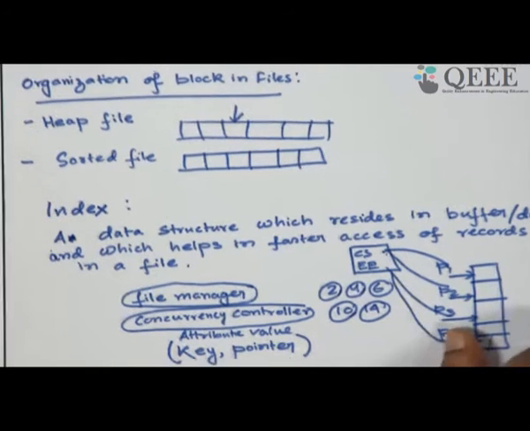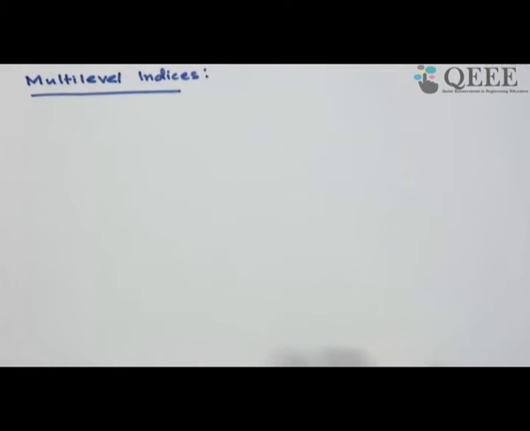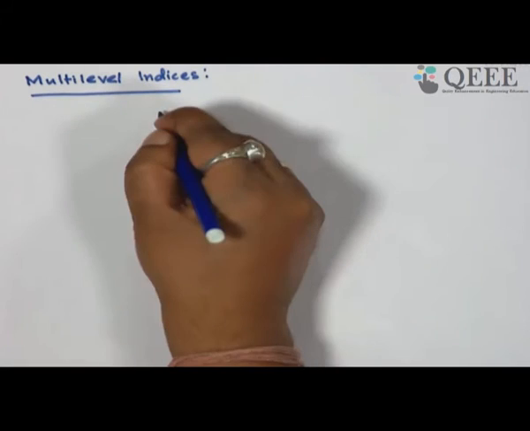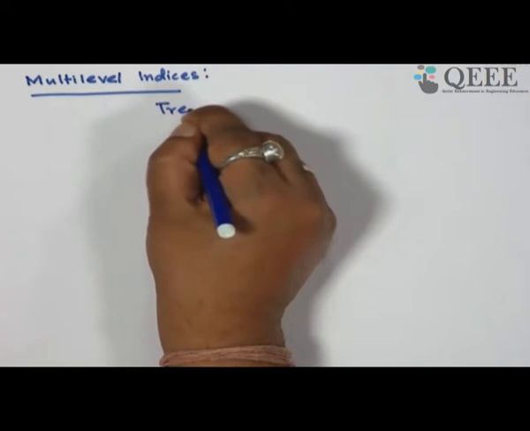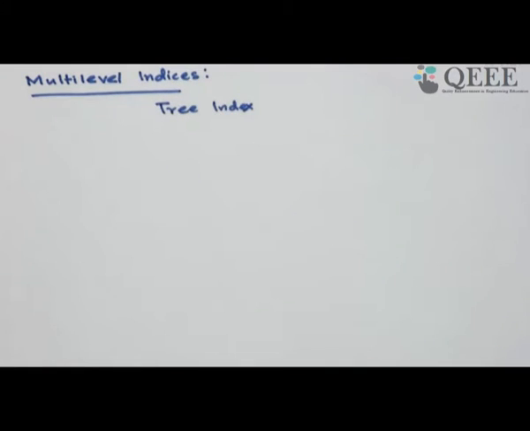These are called multi-level indices. Often they take the structure of a tree. I will explain one index called a tree index. Let me draw it.